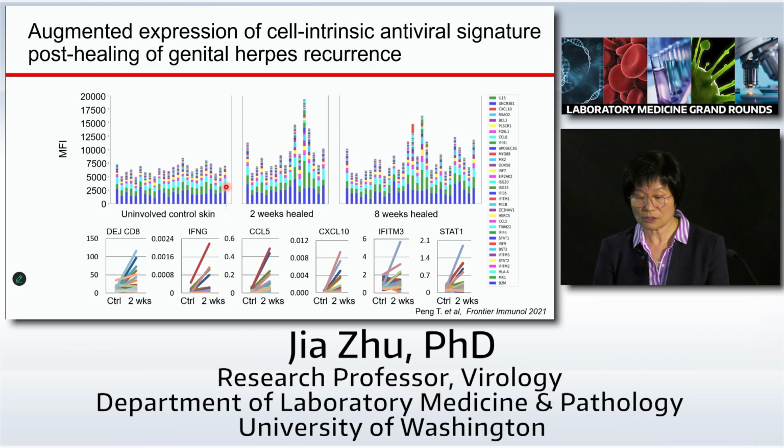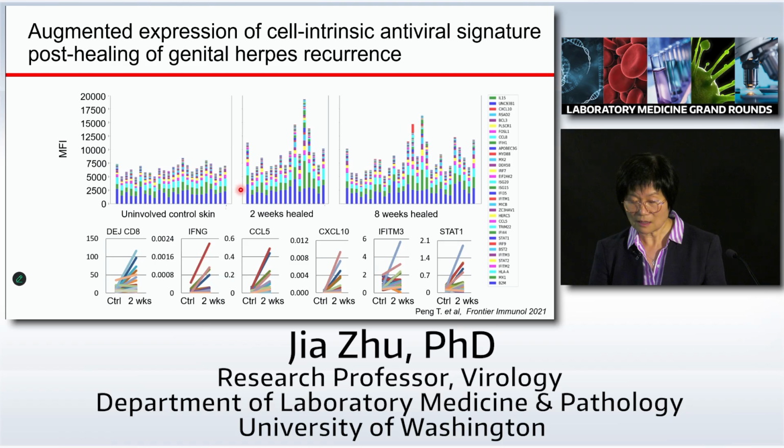We also tested that in a larger cohort of 22 subjects. The collective level and hierarchical pattern of this cell intrinsic antiviral signature is extremely similar across all the controls.